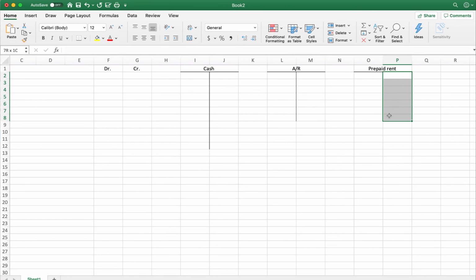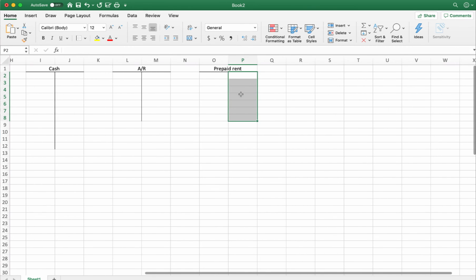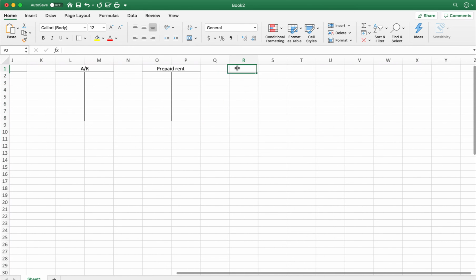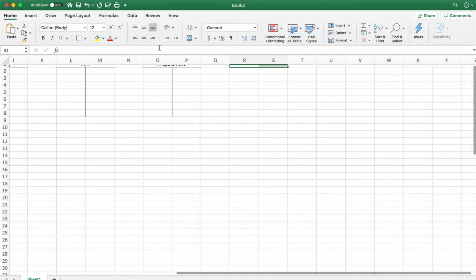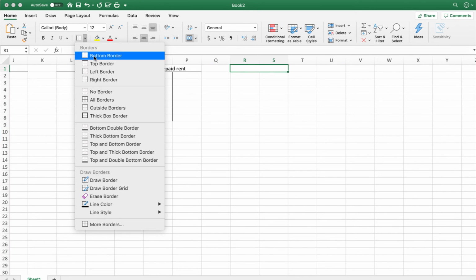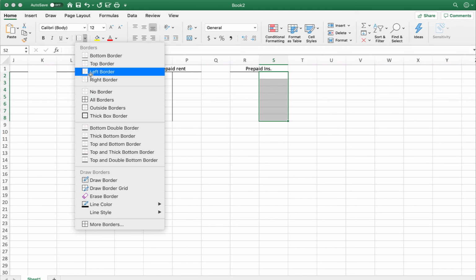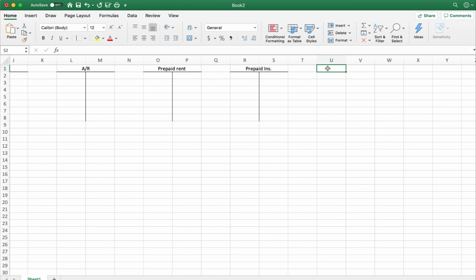And then I'm going to scroll over a little more, and I'm going to make this one my prepaid insurance. And again, for the height of these, I'm just selecting something arbitrary, not a big deal.